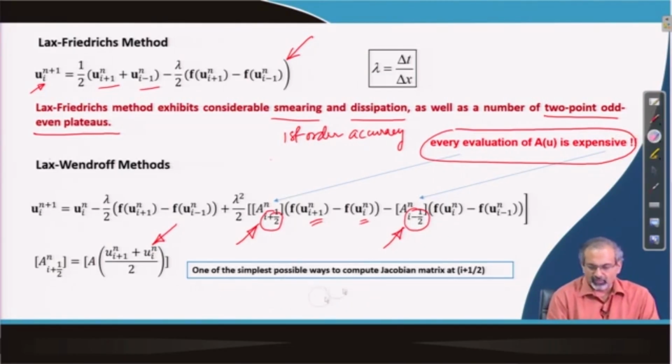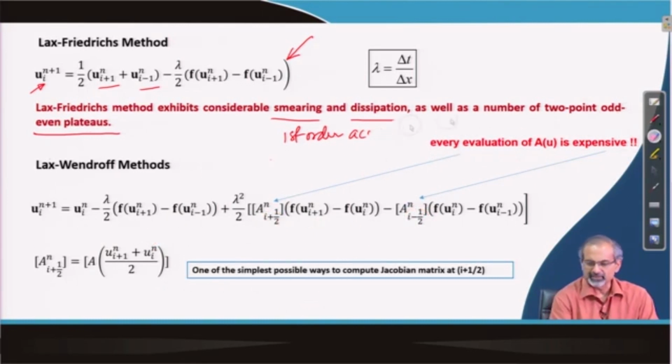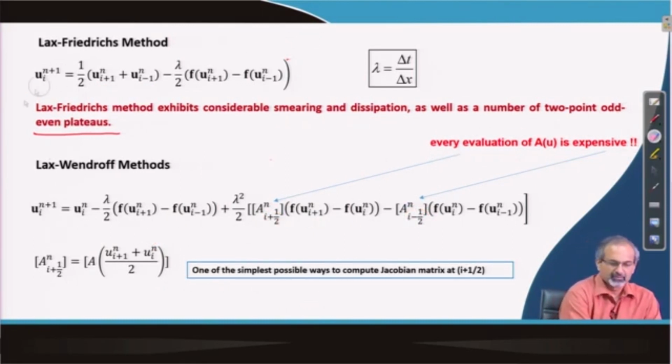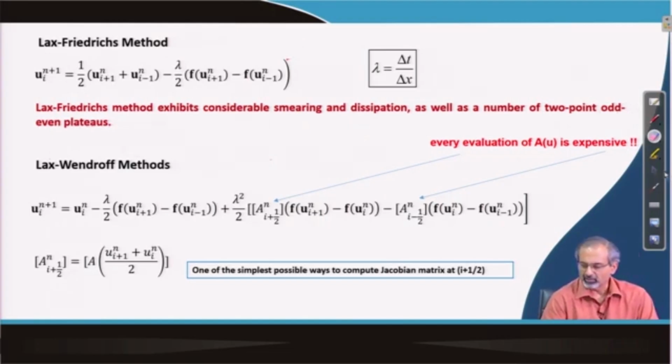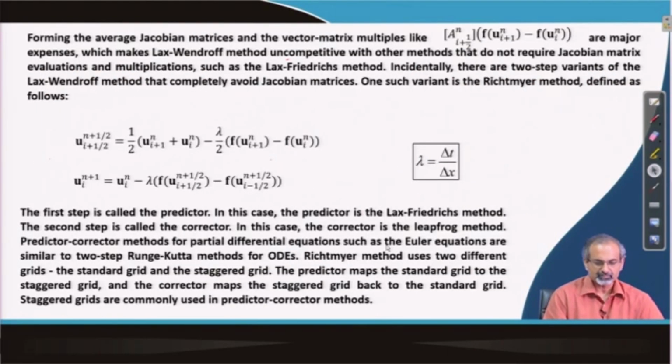So, second order methods of this kind would have better accuracy, but will suffer from higher computational costs. Moreover, there may be issues of numerical oscillations which have to be tackled very carefully and damped carefully, so that we do not lead the calculations to become completely unstable.